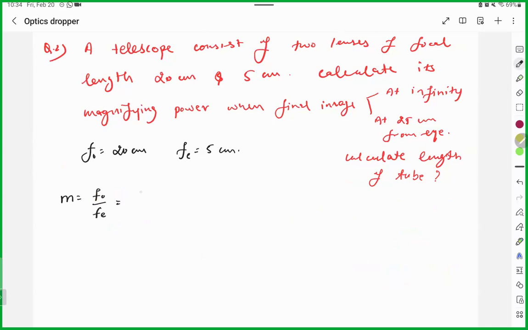Yes, 20 by 5, 25 centimeter, 4.8. If you say the length is the focal length plus Fe for infinity, remember, this will be 25 centimeter for infinity.